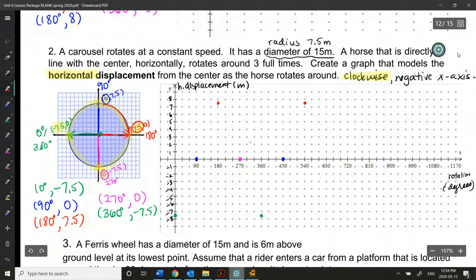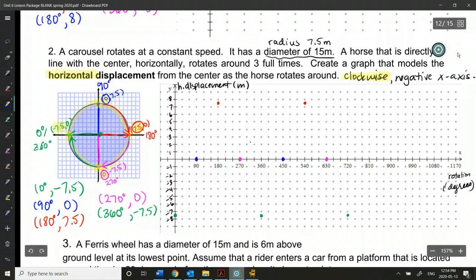I'm 7.5 meters to the right of the center. Another 90 degrees, I will be back at 0. And then back up to our same location, so a full 720 from where we started.